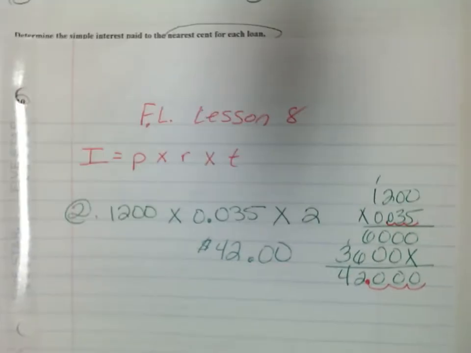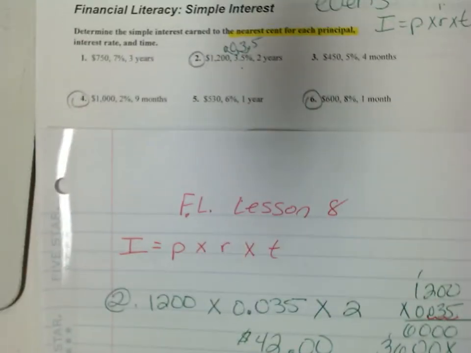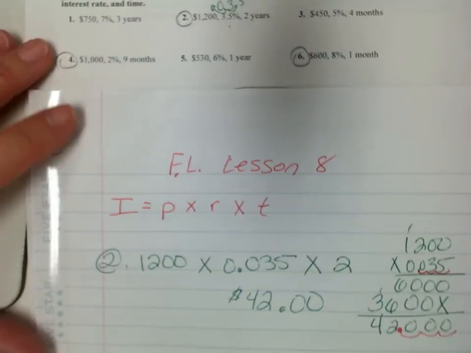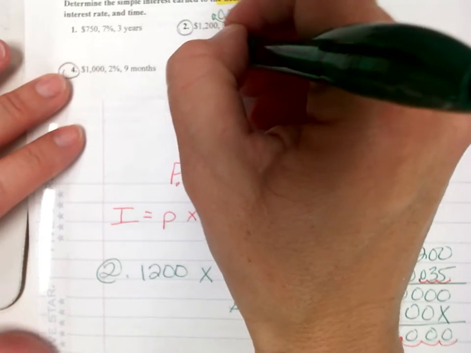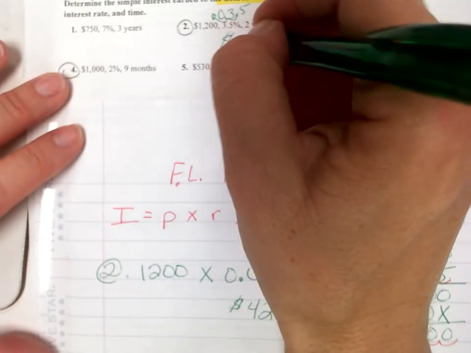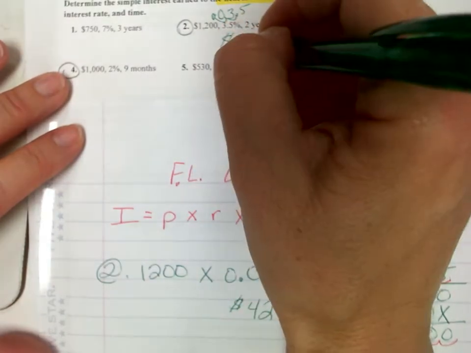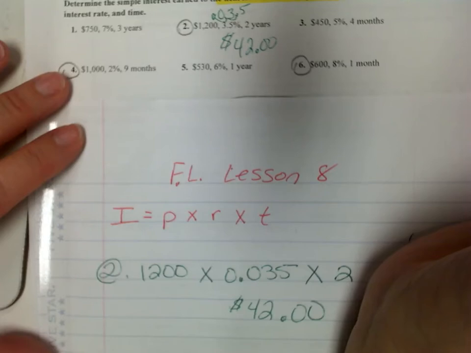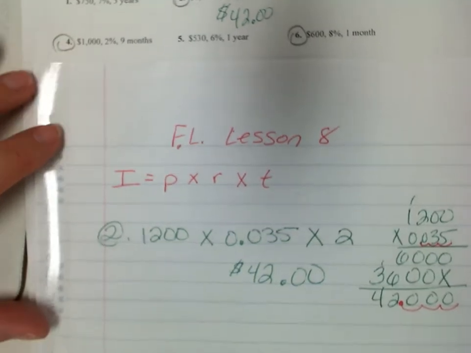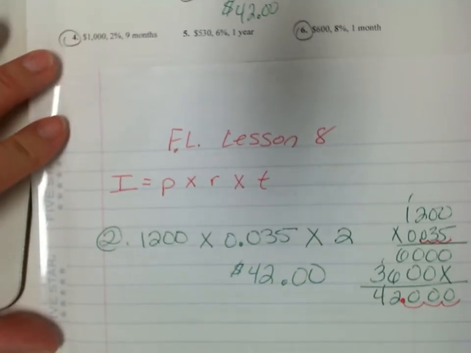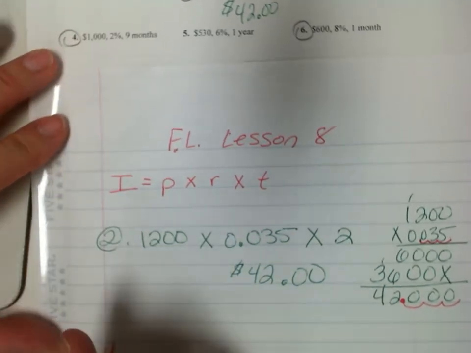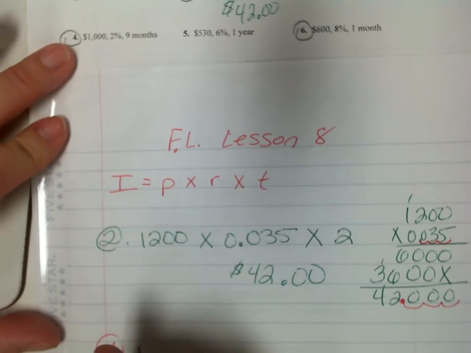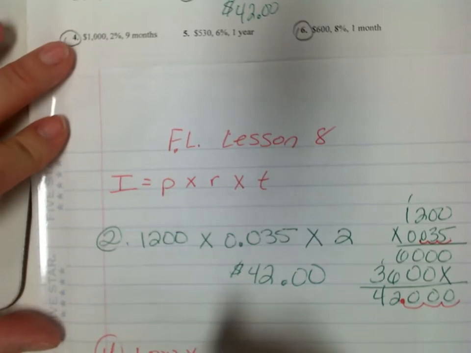Okay, let's look at number 4. And so up here, make sure you do put your dollar sign and the amount. Number 4. You have your principal at 1,000 times your 2%.